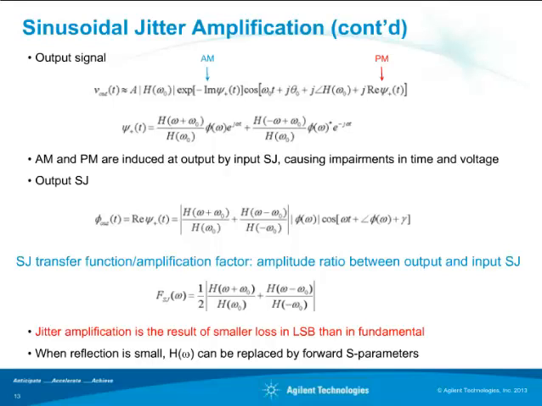Okay, next question is from Inho. How do you handle the impact of jitter if channel crosstalk exists? Can we handle that case? Yes, we can handle that in ADS. In ADS, we can assume two types of crosstalk. One is where the crosstalk is synchronous with the victim channel. In that case, the crosstalk signal is added to the victim signal, and from there we can calculate the crosstalk effect.